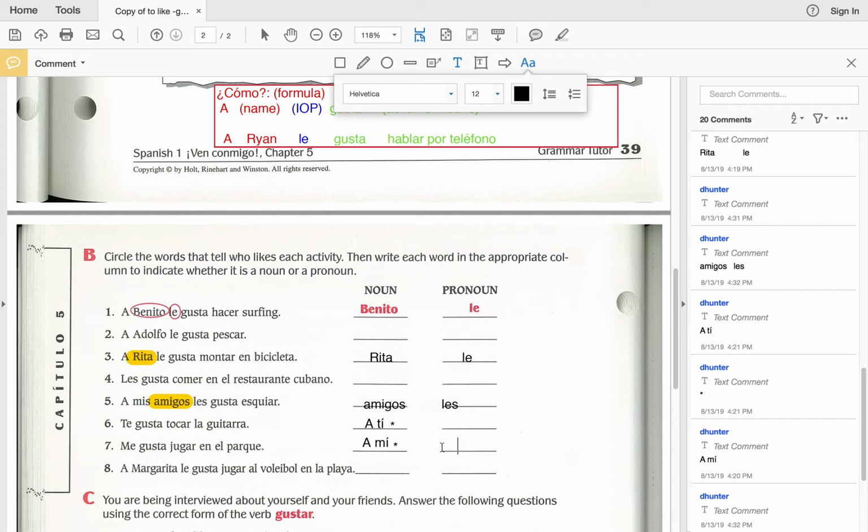Since that's not written or expressed, I wanted to give you just that cut above. If that doesn't make sense to you, you just feel free not to write that in, but if you understand that concept of adding in a and a pronoun or noun to be more specific, a mí would be the one that goes with me. And clearly, me would go in our blank because it is the IOP to say that I like it, right? It's what we use in that case.